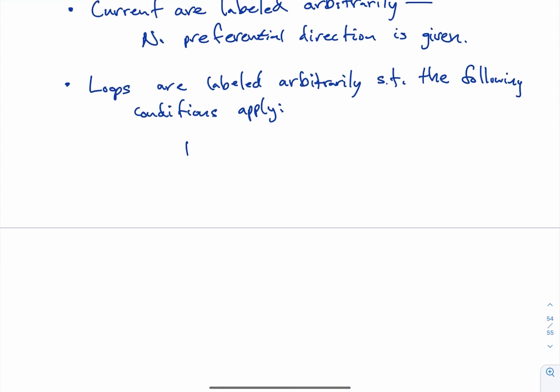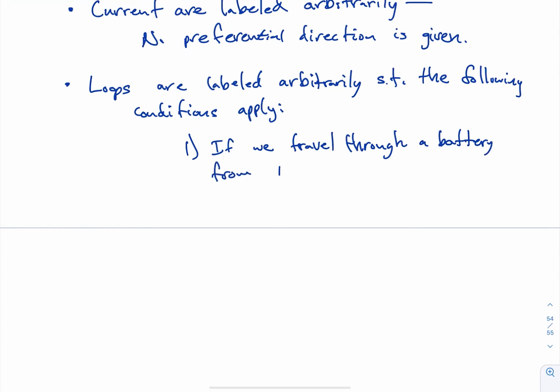Our first condition is that if the current travels through a battery from high to low potential, in other words, from the plus to the minus side of a battery, then the voltage drop is negative.